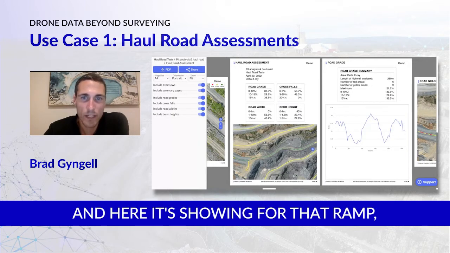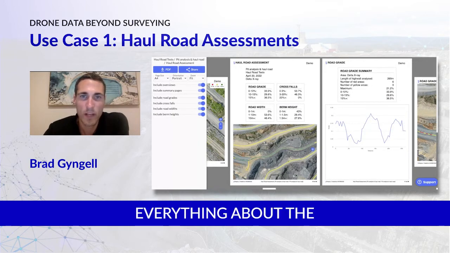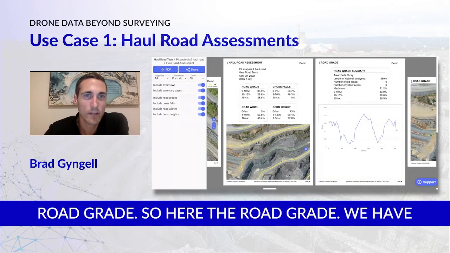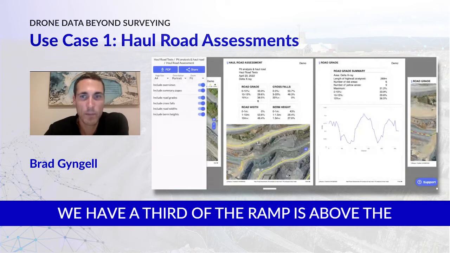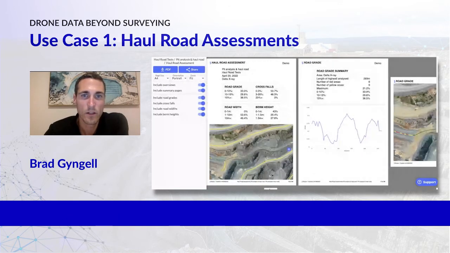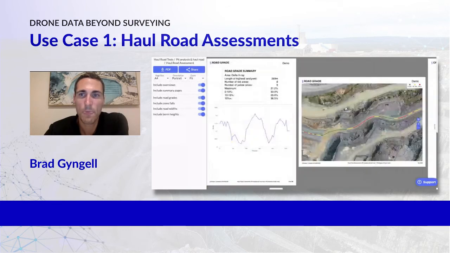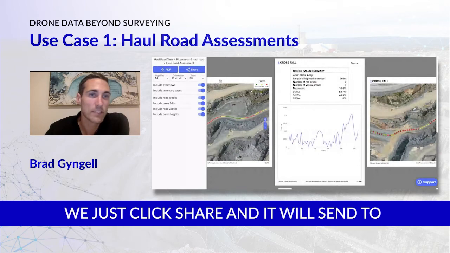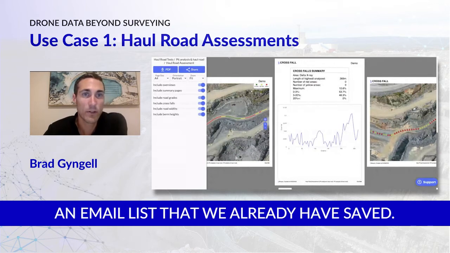And here it's showing for that ramp everything about the road grade. So here the road grade, we have a third of the ramp is above the maximum grade threshold that we set. So we know that that's an issue. And to share this report, we just click share, and it will send to an email list that we already have saved.